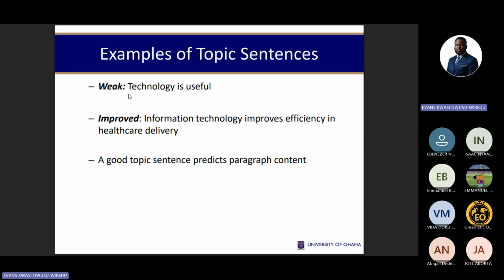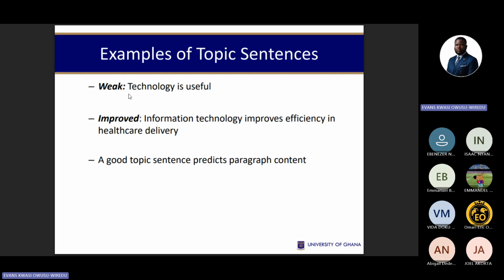It's a bit broad, you see. But when you come again and say, information technology improves efficiency in healthcare delivery, then you have hit the arrow right in the middle. You know that, okay, this is what we need.